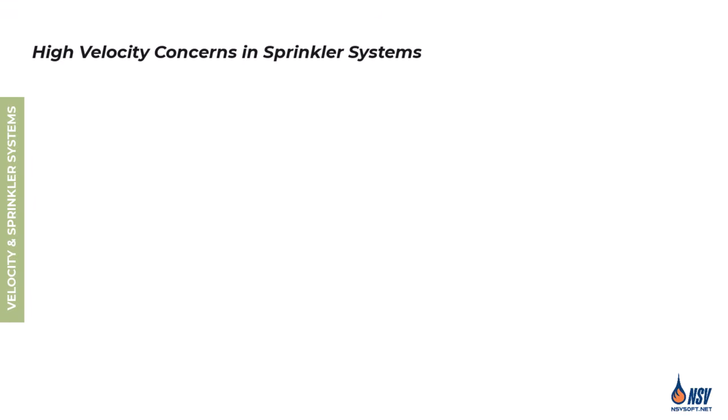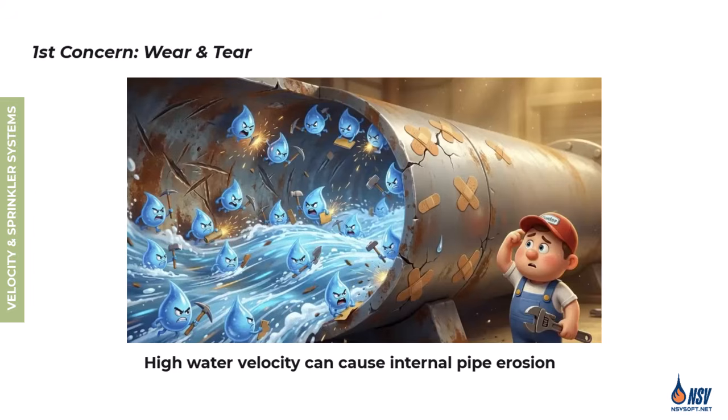When discussing high water velocity in pipes, three concerns are often raised. The first concern is wear and tear of the piping, particularly in plumbing and mechanical systems. At very high velocities, moving water may increase internal erosion of pipes and fittings over time.